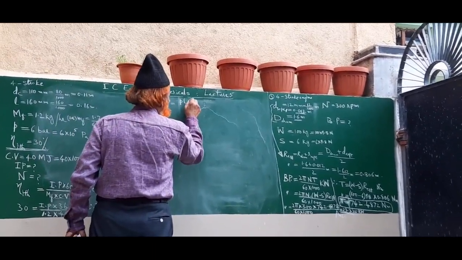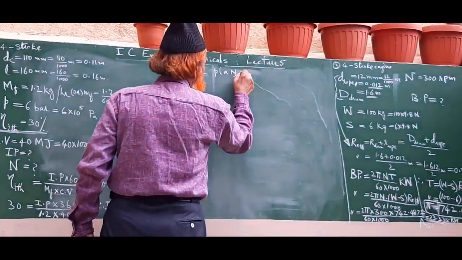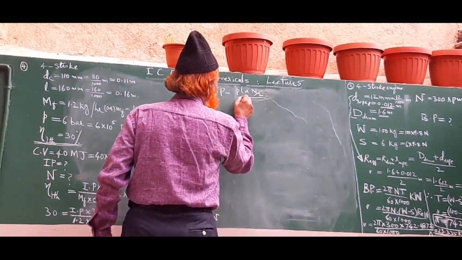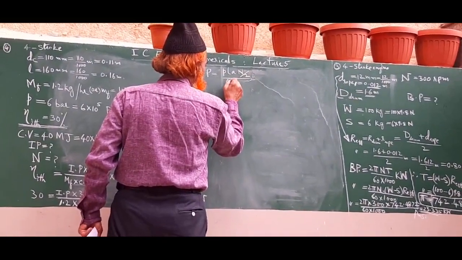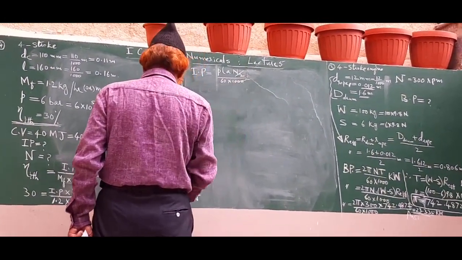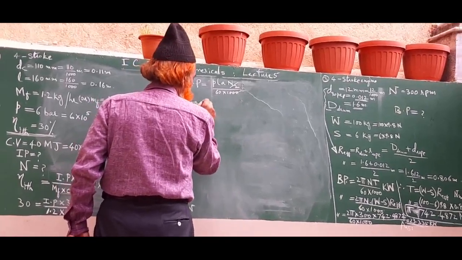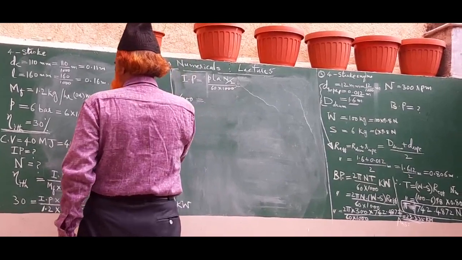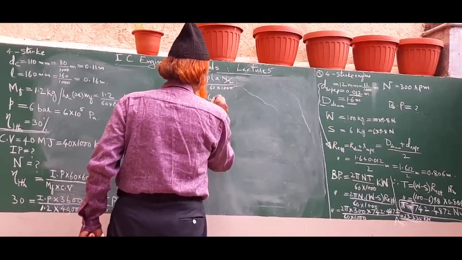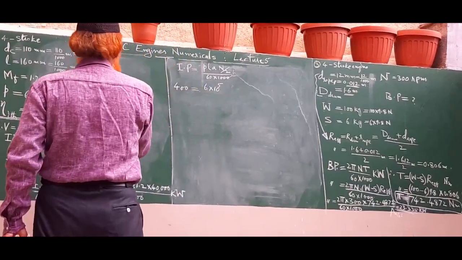P L A N by 2 for 4-stroke, divided by 60 because of RPM, and divided by 1000. IP is known, 400. P you know, 6 into 10 to power 5. L you know, given 0.16.